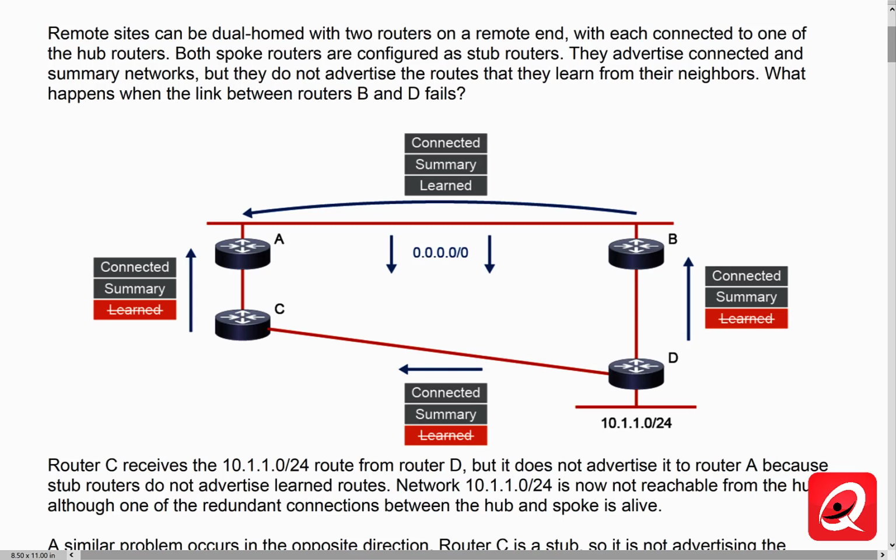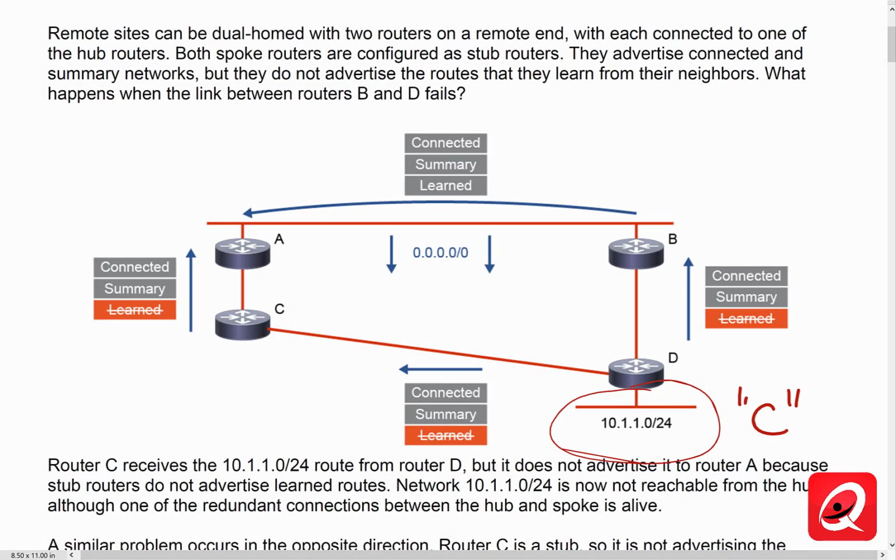Again, we're not really seeing the specifics here, but let's say, for example, I have connected and summary, right? Now, when I say connected and summary in this case, we're not just talking about connected routes. This 10.1.1.0 network is what we would consider a connected route.